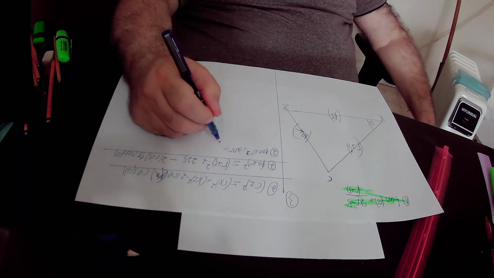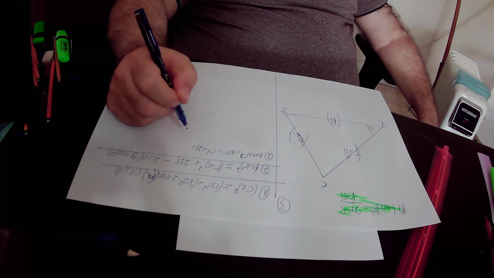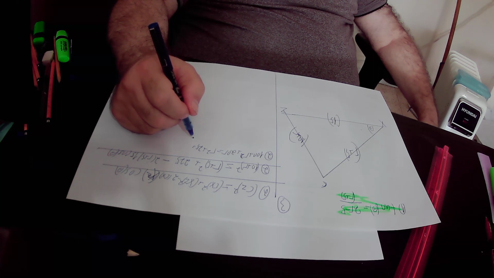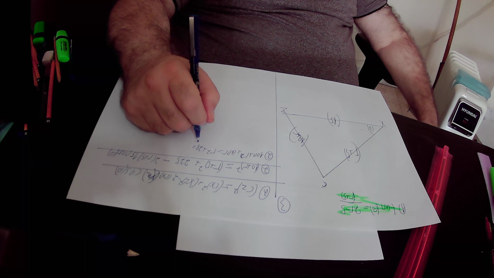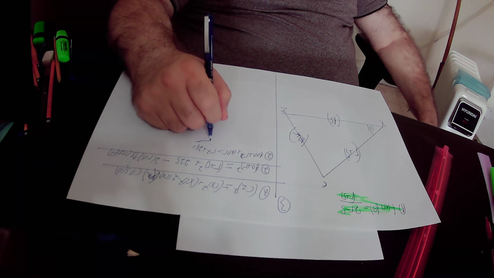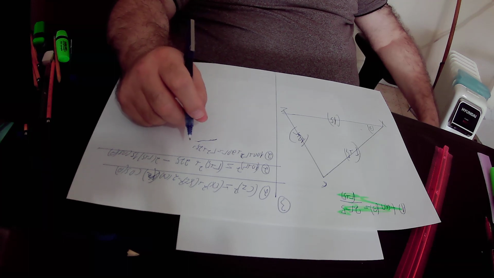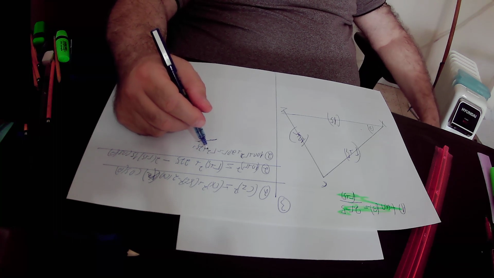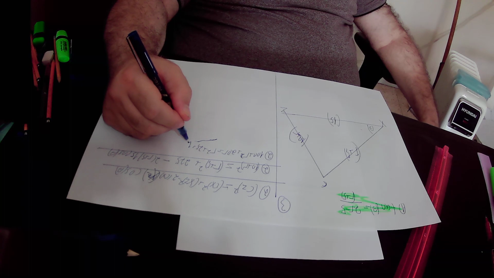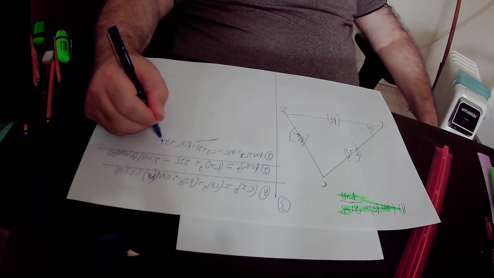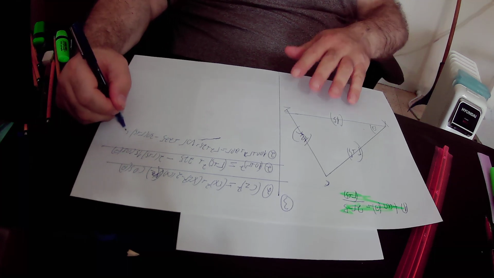And it is equal to (r plus 5) squared, that is r squared plus 5 squared, that is 25, plus 2 times r times 5, that is 10r, plus 225, minus 2 times 15, that is minus 30, times r plus 5 times cosine theta.